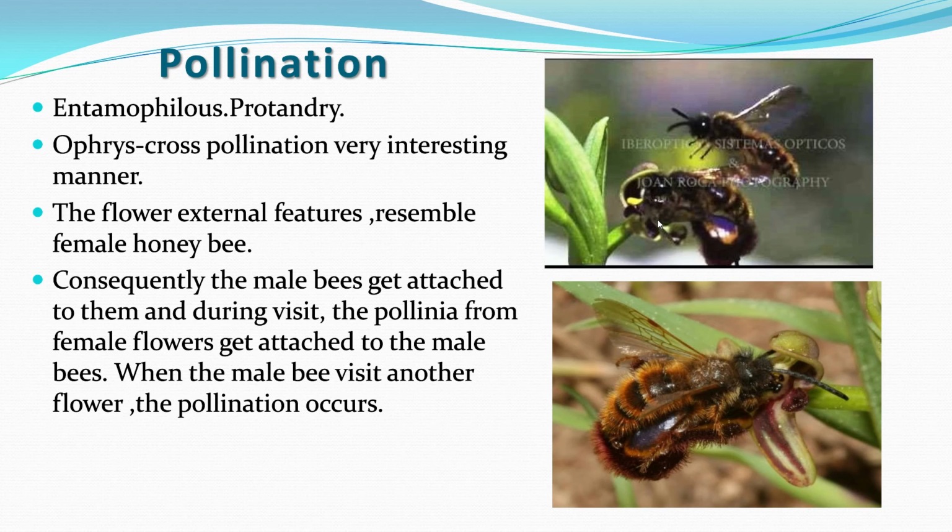The pollinia get attached to the body of the male bee. When the male bee visits another flower, pollination takes place. Thus two types of pollination are present in the Orchidaceae family.